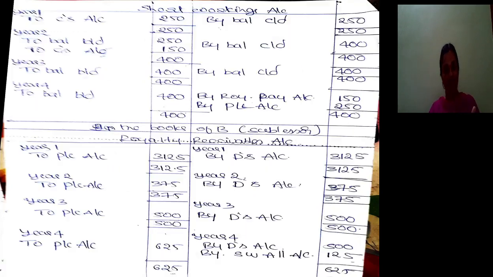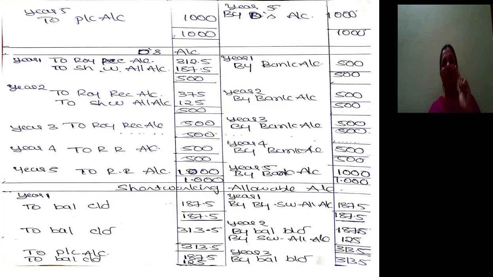Make the changes there. Then, in the books of B, being a sublessor, we prepared royalty receivable account, D's account and short working allowable account. In the short working allowable account, particularly in the first year and second year, I should write by D's account. Instead, by mistake, I have written by short working allowable in short working allowable itself. For the first year and second year, make the changes in that part.